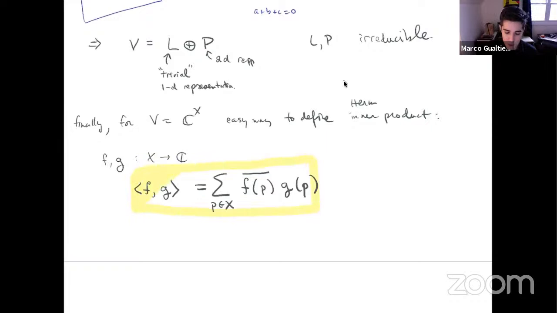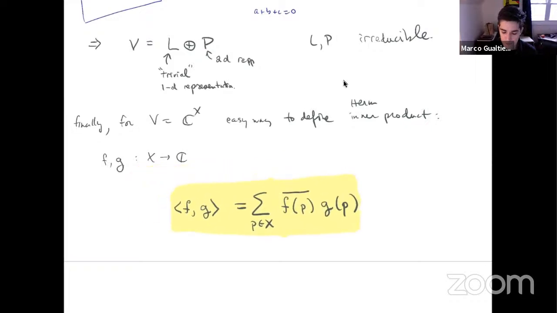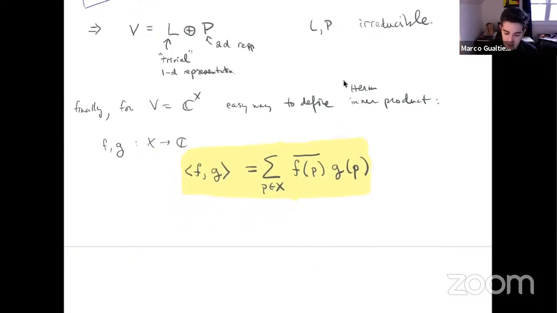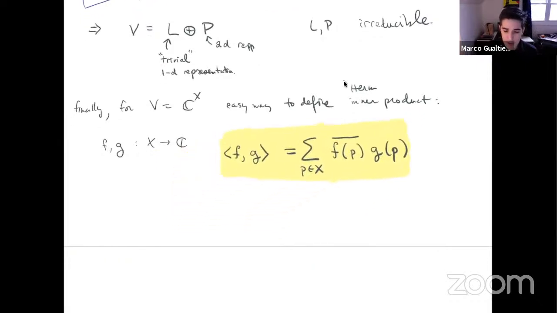So in other words, it's just the Hermitian dot product in this vector space. I hope that's clear. And this inner product has a nice property that the S3 action preserves this, i.e. it is unitary.